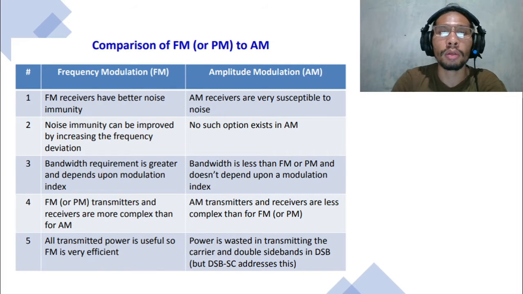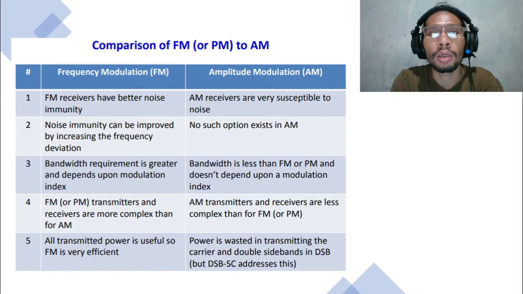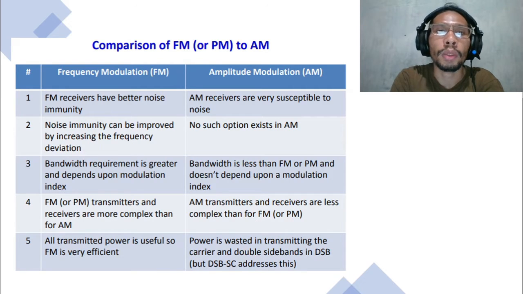So this table will show you the comparison of FM or PM to AM. So for the first comparison, FM or frequency modulation receivers have better noise immunity, while amplitude modulation receivers are very susceptible to noise.